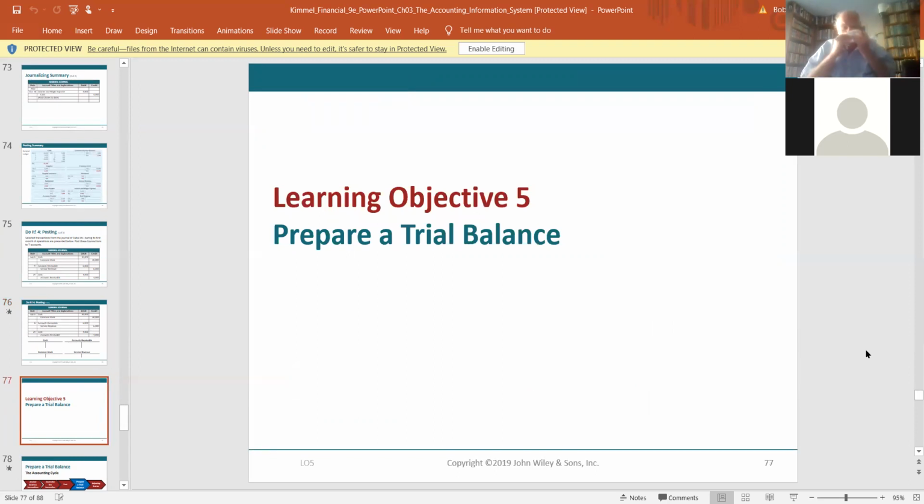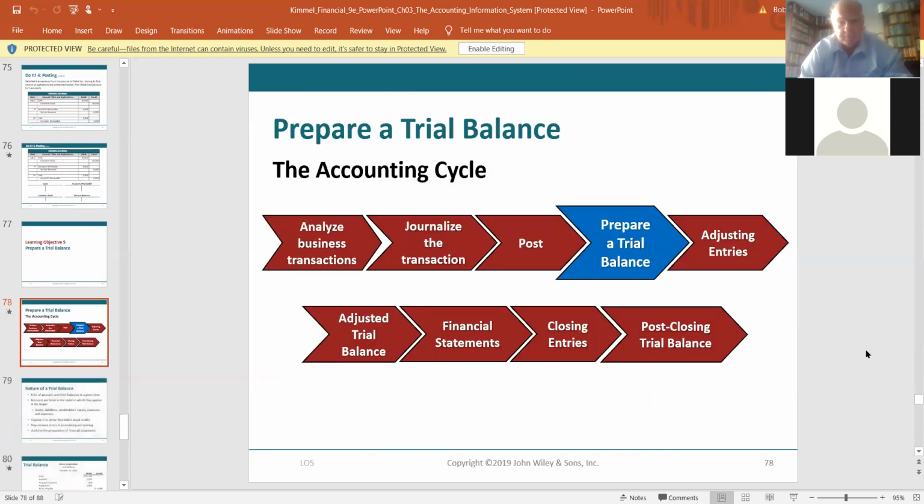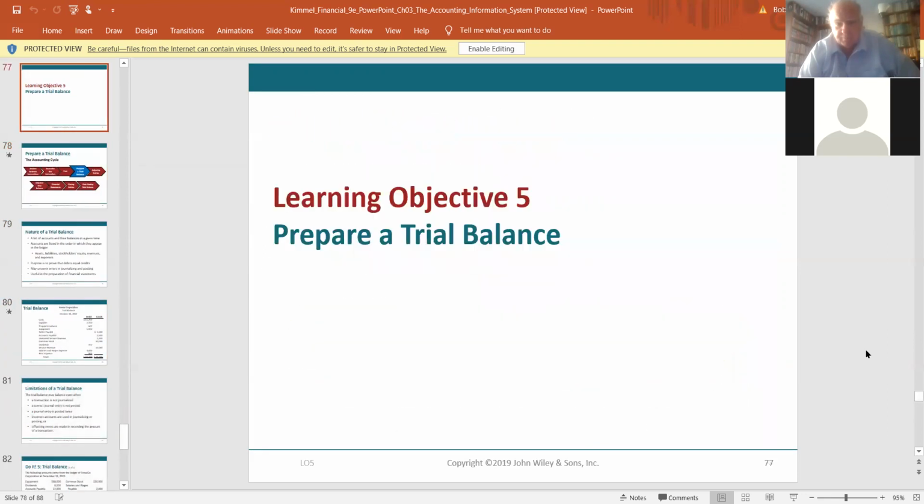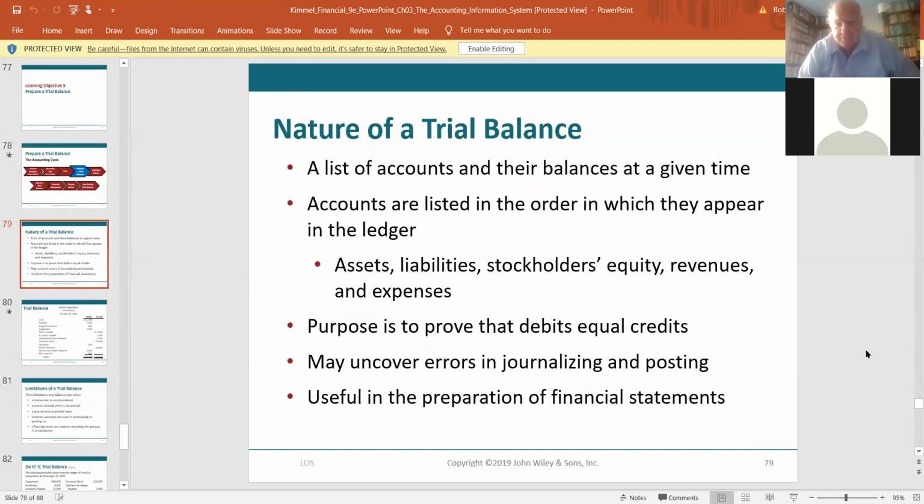Objective 5, trial balance. At the end of the month, we are going to prepare what's called a trial balance. Trial balance, very important. A trial balance is a list of all the accounts in account number order.